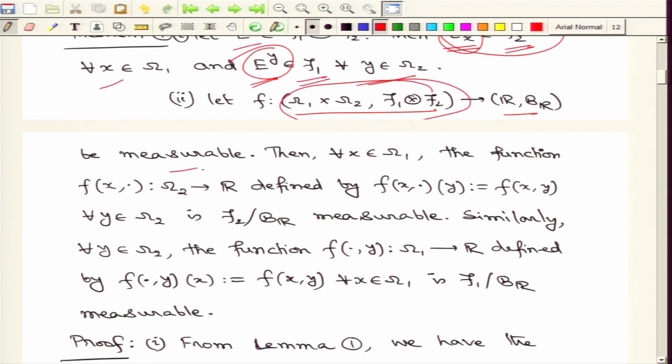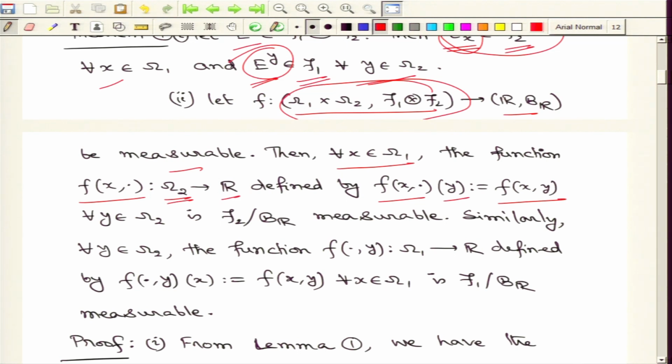If you have such a measurable function, then consider this kind of functions by fixing again points from the first set. So, if x is a point fixed in the first set, then we can define a function only on omega 2, a real valued function denoted by f(x, ·), defined in this way that f(x, ·) is a function that takes any arbitrary point from the second set to the value f(x, y).